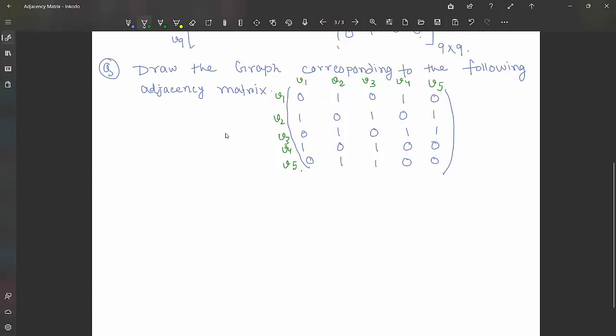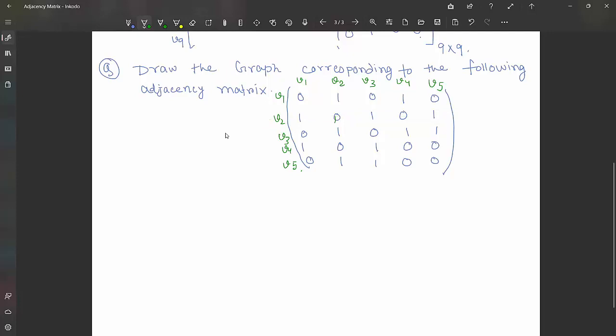Whenever you consider this row, you have to consider this column, and after that join the vertices. Just observe which vertices are adjacent, and then join those vertices. Similarly do it for the others. So whenever you take the V2 row, you will take the V2 column, and then again find the connections between the vertices and join them suitably. So this is the process.